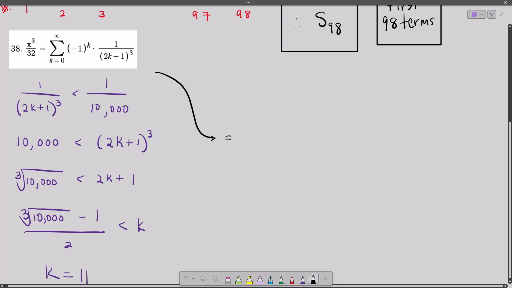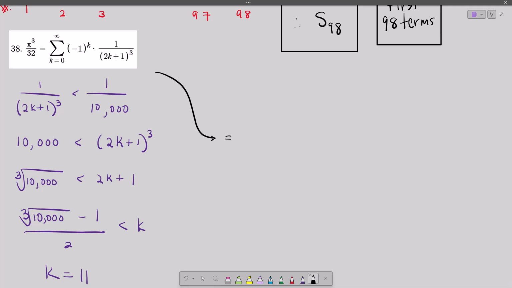When k is 0, that's going to be positive 1. We get a 1 and then a minus. When k is 1, 2 times 1 is 2, 3 to the 3 gives 1 over 27. This is when k is 0, and this is when k is 1.